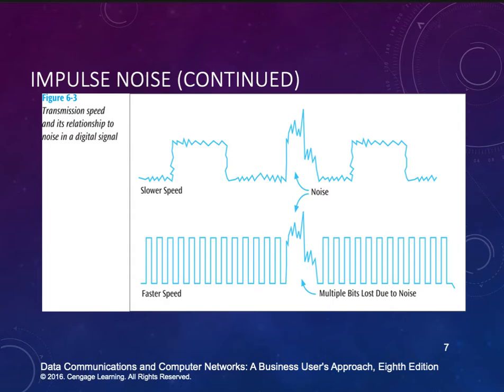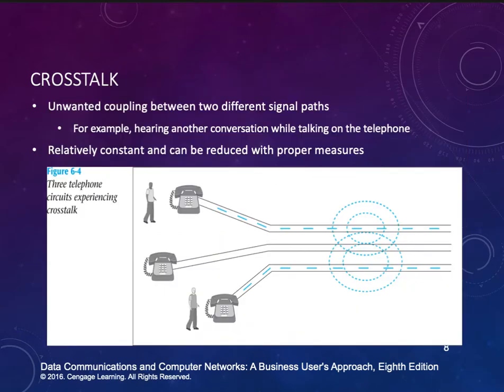Next we have crosstalk. Crosstalk is basically when you can hear another person's conversation from another line. Sometimes you are able to hear this, especially on wire lines, or when the transmission is very close.